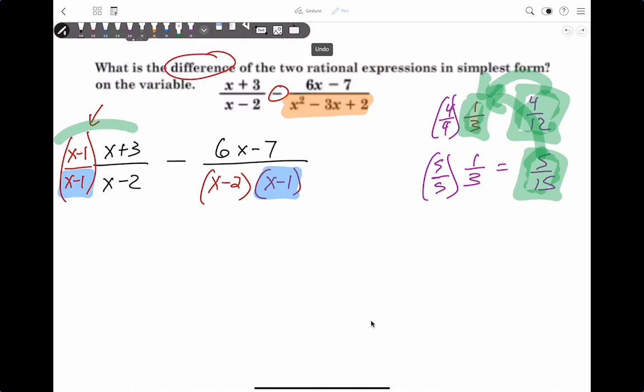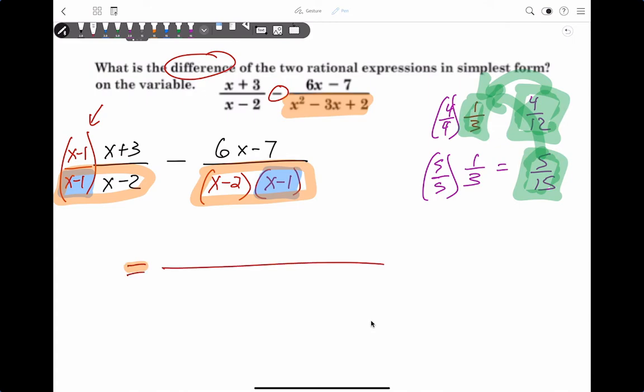And the reason why we do that is so that we then have a common denominator. Two fractions will become one huge fraction because they have a common denominator, which is (x - 1) and (x - 2). Now, these are the same, guys. Even though the 2 is listed first here and the 1 is listed first there, they're the same because with multiplication, order doesn't matter.